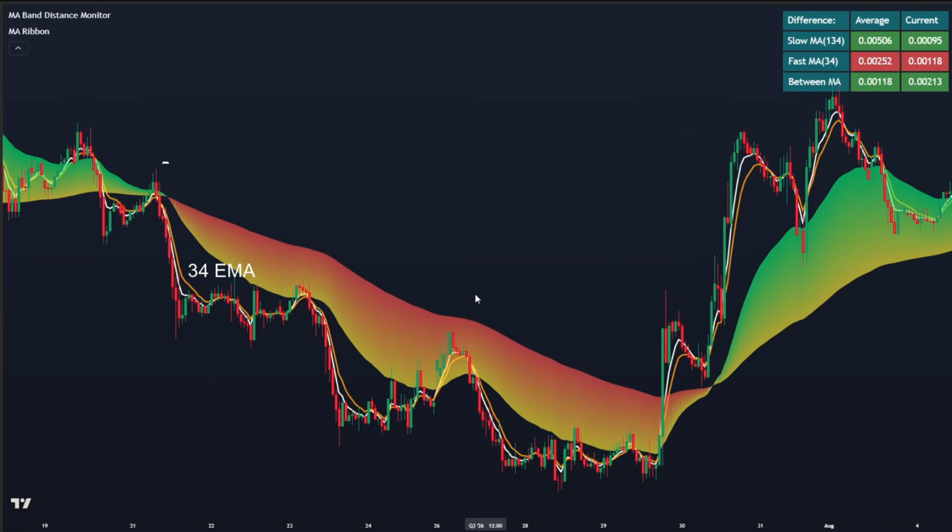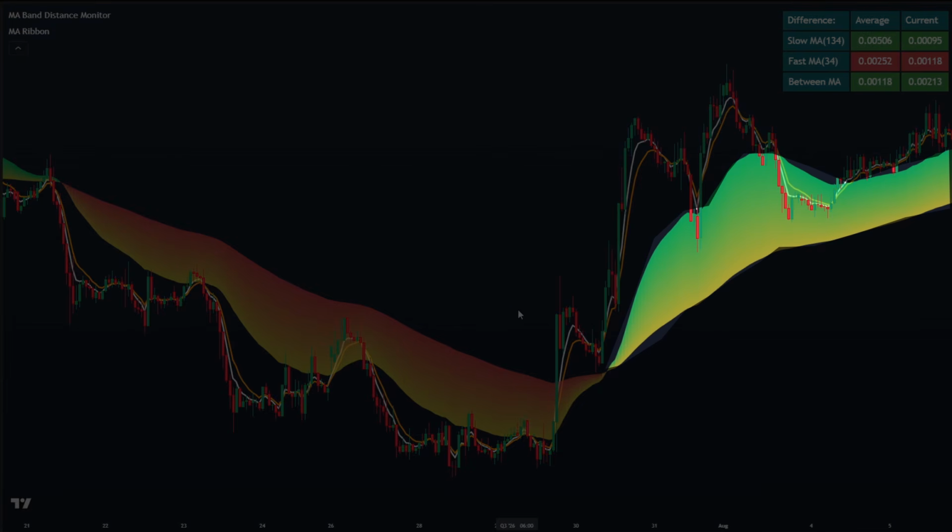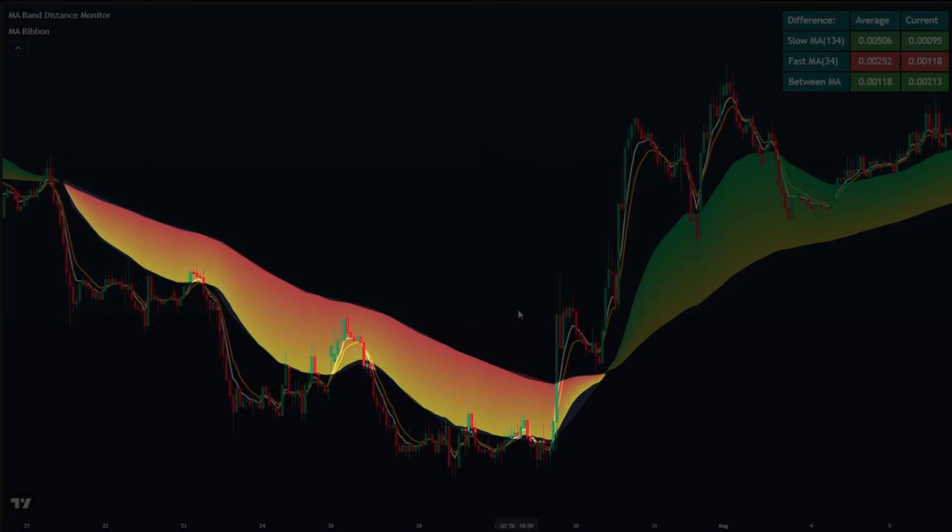When the 34 EMA crosses below the 134 EMA, the cloud turns orange. That tells us the market is showing bearish momentum, so now we're mainly interested in looking for sell setups. So already the cloud gives us our first filter. When the cloud is green, we look for buys, and when the cloud is orange, we look for sells.